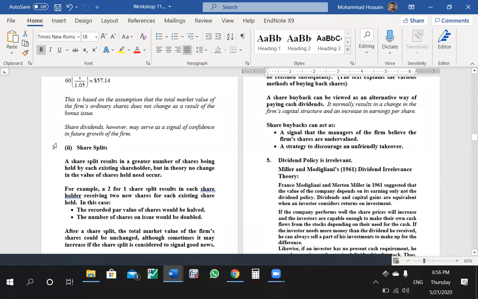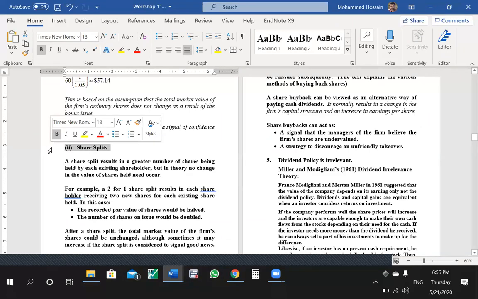Another one is share split, 2-for-1. It means if you have one share, they'll give you two. A share split results in a greater number of shares being held by each existing shareholder, but in theory, no change in the value of the shares held need occur.